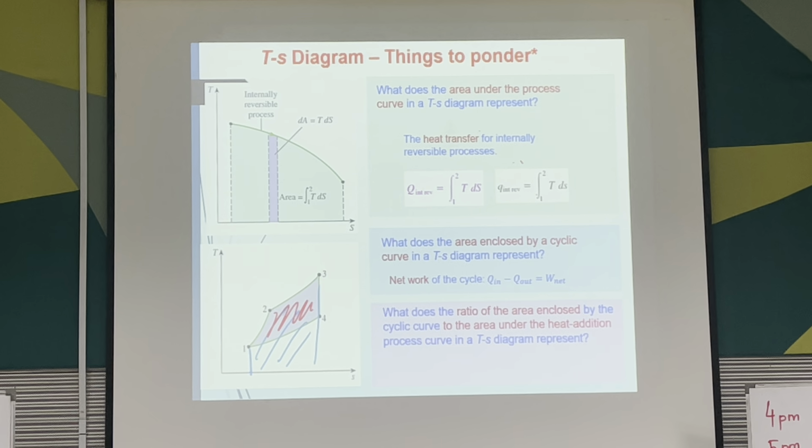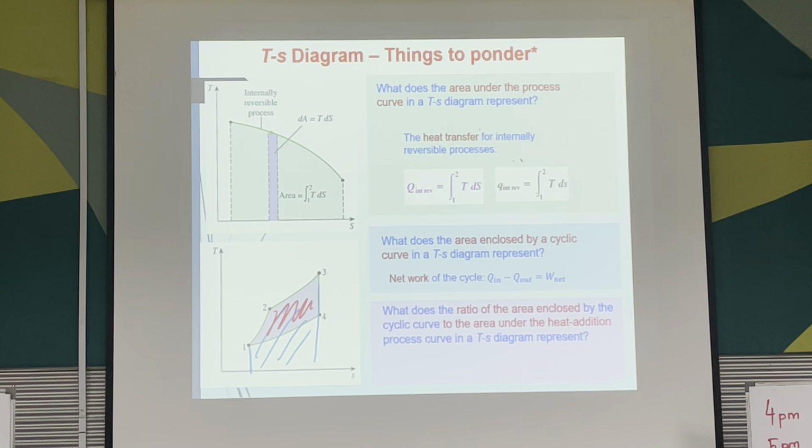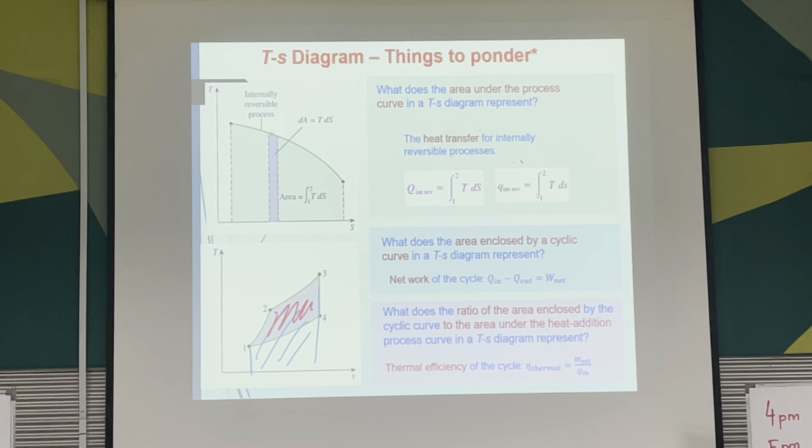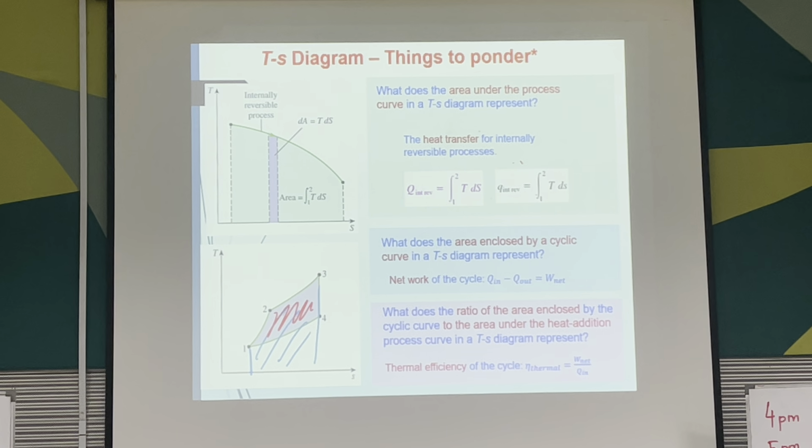So what is the blue again? COP is for a refrigeration cycle. Here we are talking about a heat engine. Yeah. So actually it's efficiency, because the red area will be work net. The blue area is Q in. So this is actually an efficiency term.